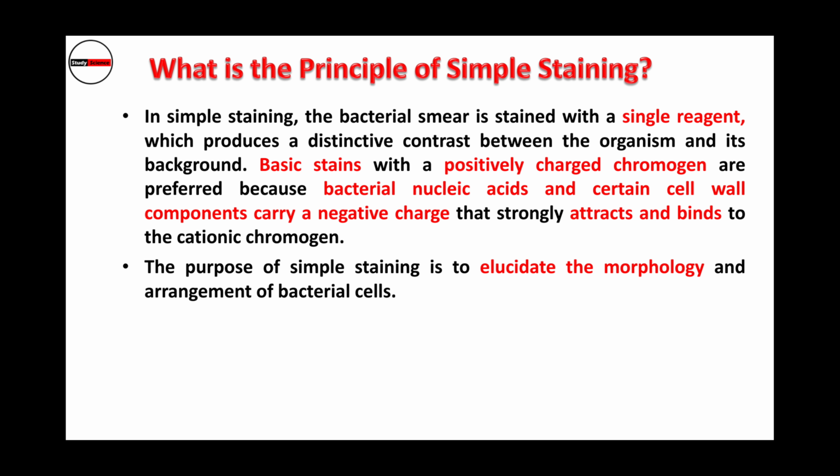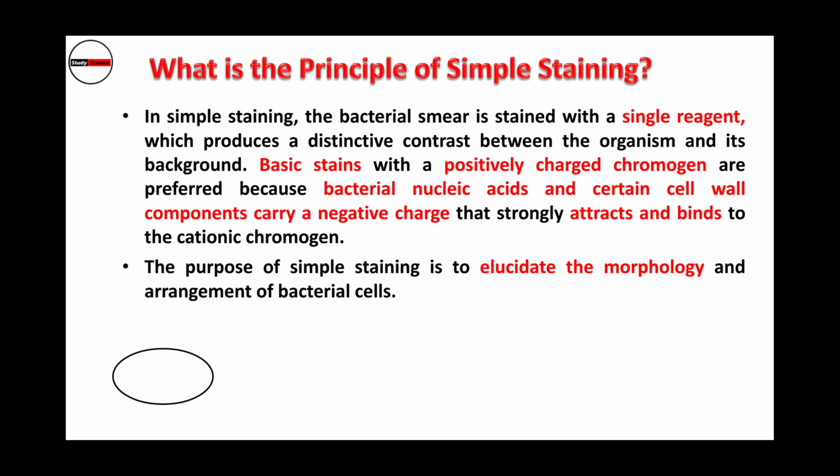So when we add a positively charged stain on the smear of bacteria, the positive and negative charges attract each other and bind strongly. So this is the principle of simple staining, and because of that binding, the bacterial cell gets the color of the stain.